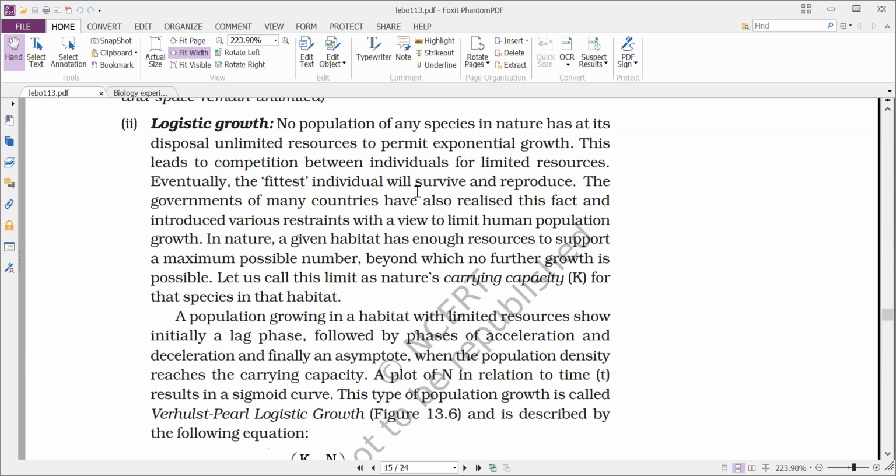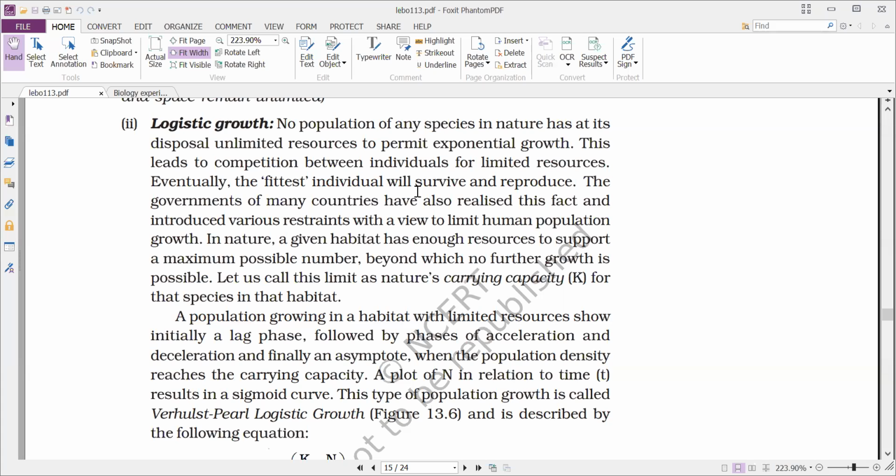The fighting will be very hard, and only one organism will survive, the strongest one, the fittest one.